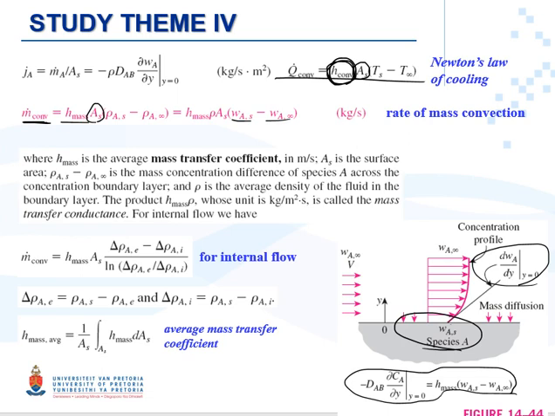I think that's it. Now I think we can talk about another important dimensionless number in convection heat transfer, Nusselt number, and try to find a similar dimensionless number in mass convection.